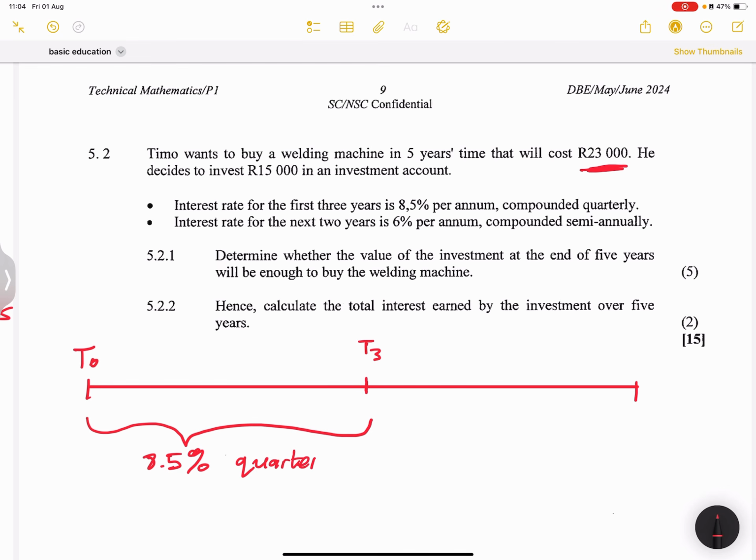Then till T5, we are compounding. They say for the next 2 years, that will be 6%, semi-annually.